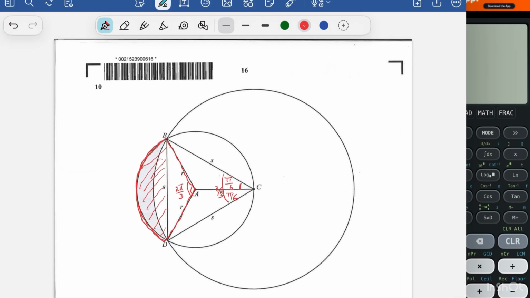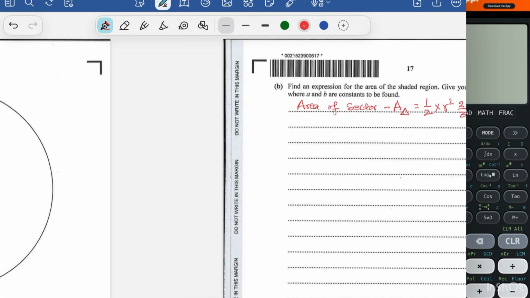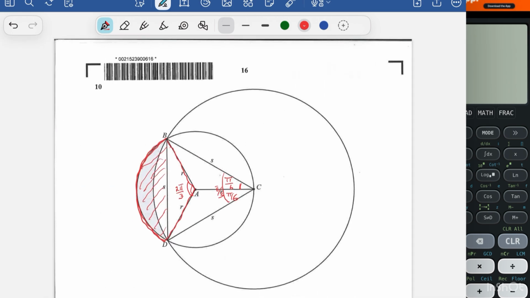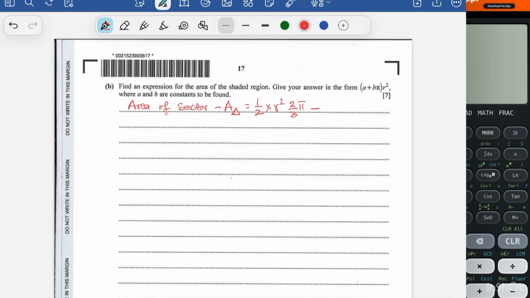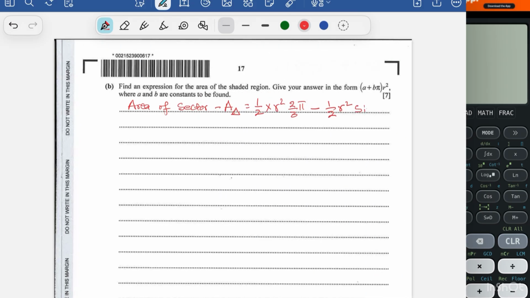Theta is 2 by 3 pi, minus 1/2 AB sine, so r times r, r squared sine 2 pi by 3. Okay, this is the area of the other side.